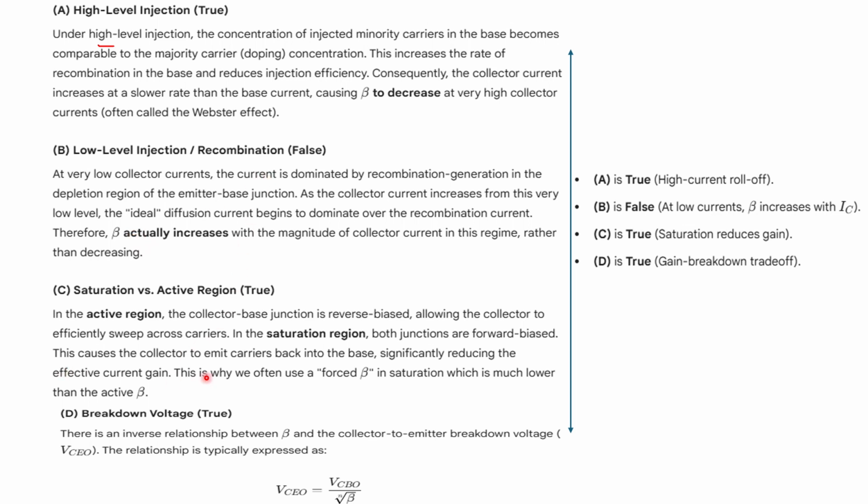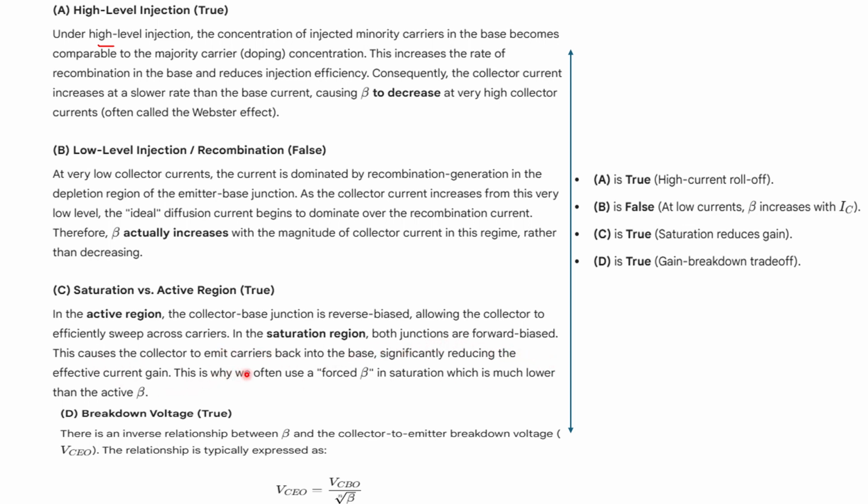The third one is telling about saturation versus active region, third and fourth. So what will happen in the active region? Beta will be higher compared to the saturation region. In the active region, the collector base junction is reverse biased, allowing the current to efficiently sweep across carriers. In the saturation region, both junctions are forward biased.